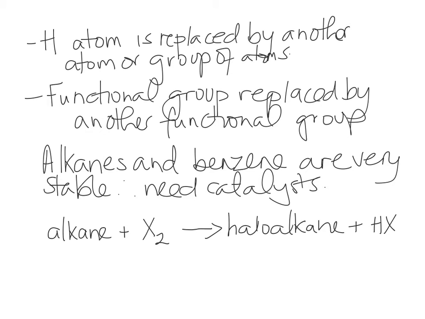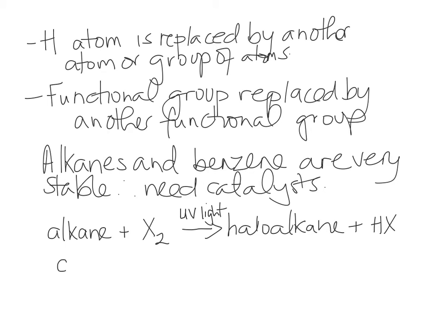Often we use UV light as the catalyst, and you can get many different structural isomers. It's hard to predict where the halogen is going to add.